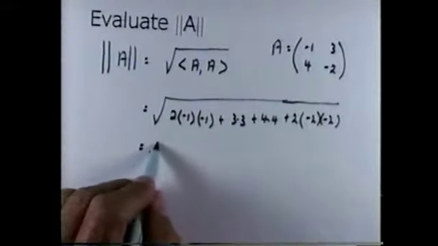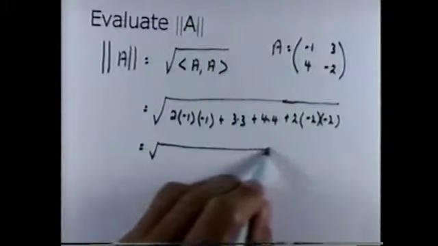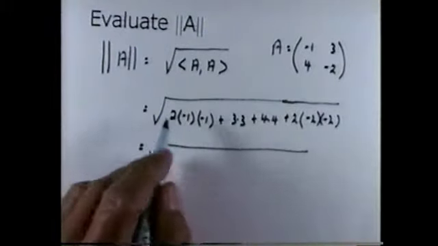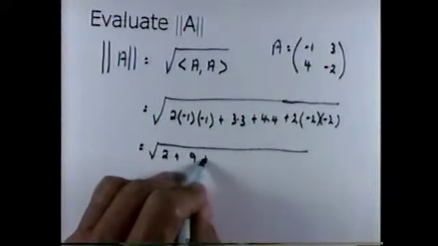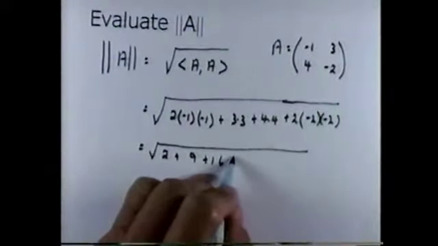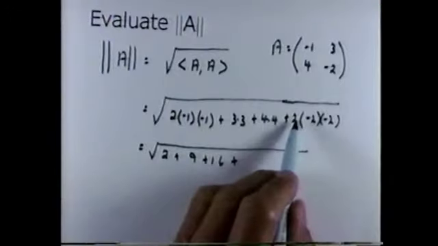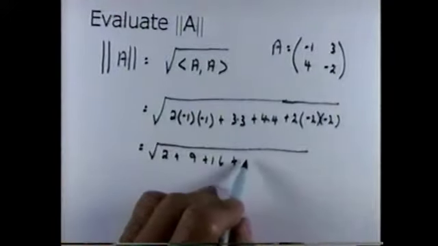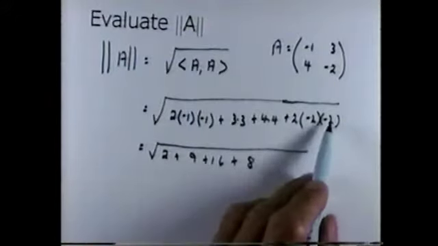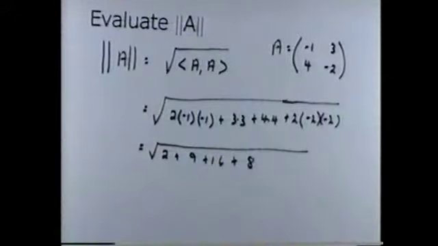This is going to be the square root of 2 plus 9 plus 16 plus 2 times 2 is 4, 4 times 2 is 8, and it will be positive because negative times negative is positive.